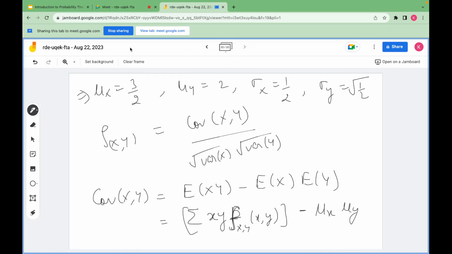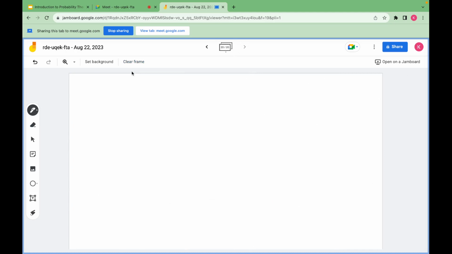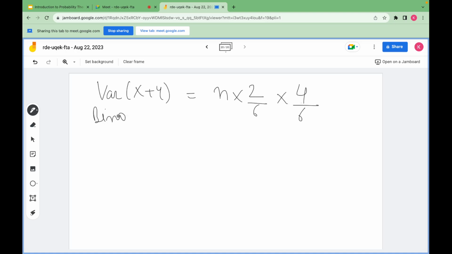Now the variance of x plus y is n into 2 by 6 into 1 minus the success probability. This is from the binomial distribution formula.